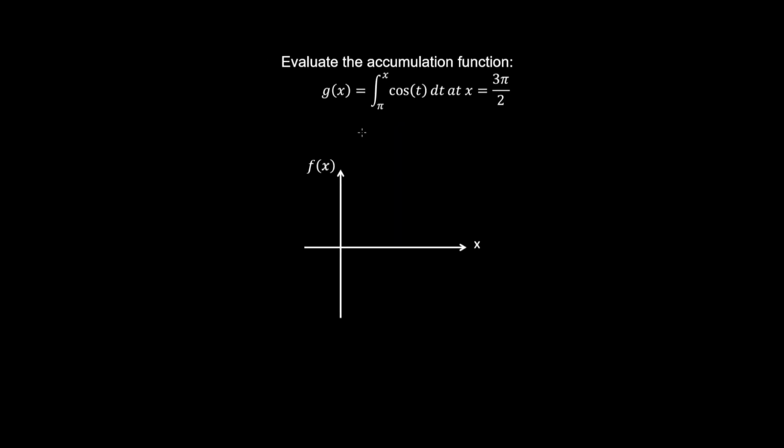Let's evaluate the accumulation function at x equals 3 pi on 2. So we get sine t evaluated from pi to x. So that gives g of x is equal to sine x minus sine pi, which is 0. So if we plot cosine x, it looks something like this. So at x equals pi on 2, cosine is 0, and at 3 pi on 2, cosine is 0.